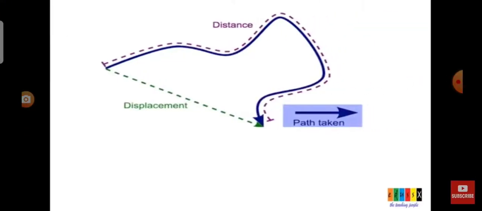Here the distance and displacement both are given. The distance is the total length of a path taken by an object to reach one place from the other. But the displacement is the shortest distance from the initial to the final position of an object.